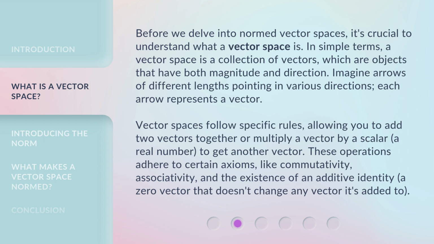Vector spaces follow specific rules, allowing you to add two vectors together or multiply a vector by a scalar, a real number, to get another vector. These operations adhere to certain axioms, like commutativity, associativity, and the existence of an additive identity, a zero vector that doesn't change any vector it's added to.